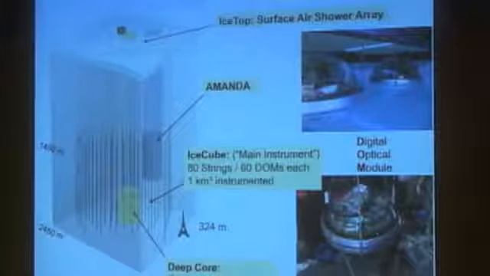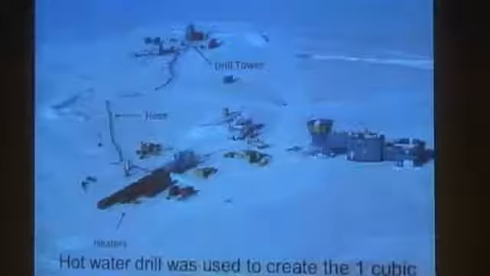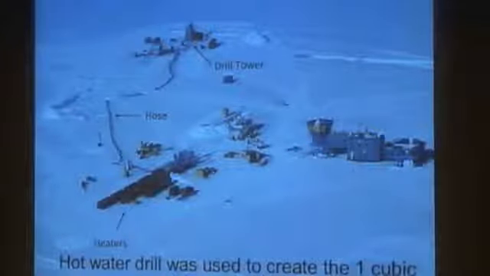I think that's about all I'm going to say, except I tried to give you a little bit of justification for how I got interested in looking for life in ice. So here's the power plant. On the left, the 5 megawatt heating tanks.